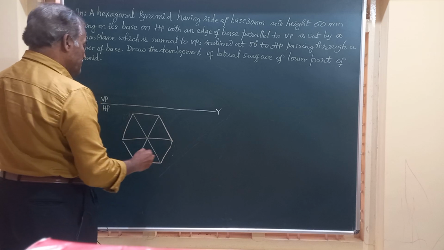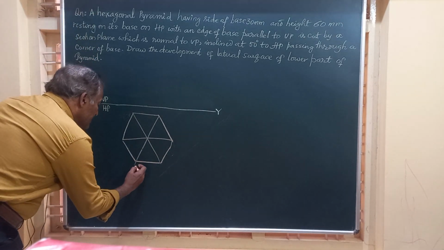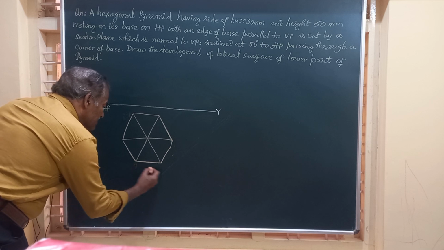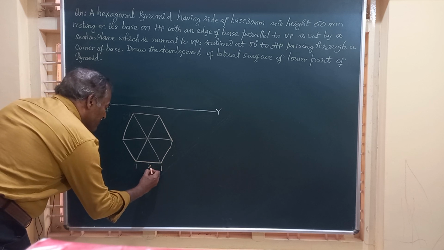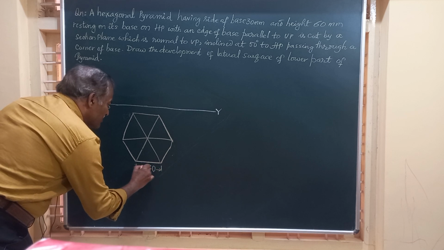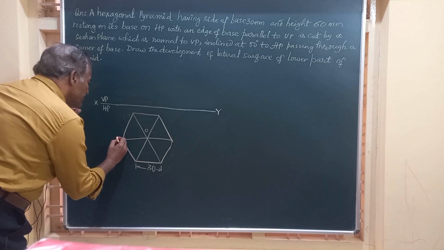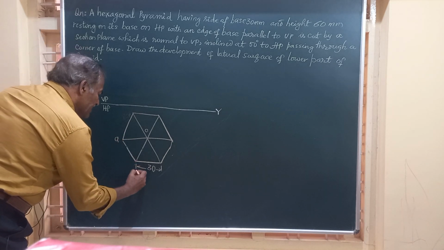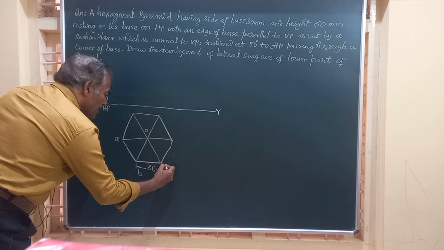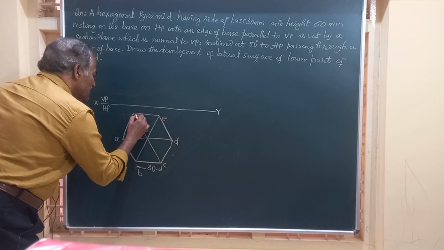Friends, this is how the pyramid looks in the top view, and each of these sides measures 30 mm. O is the vertex, the center of this, and we will name the corners A, B, C, D, E, and F.